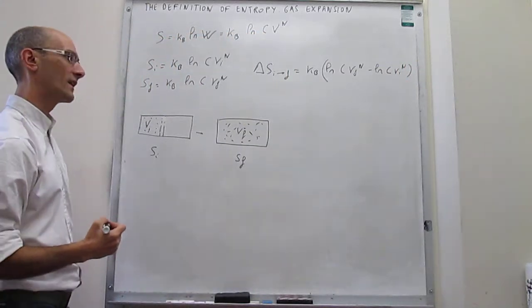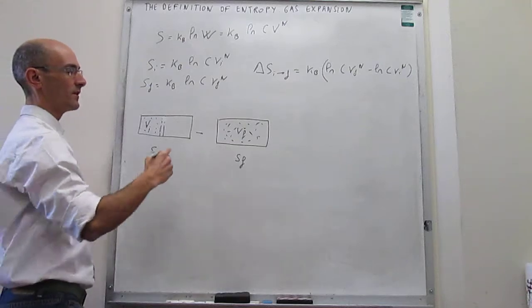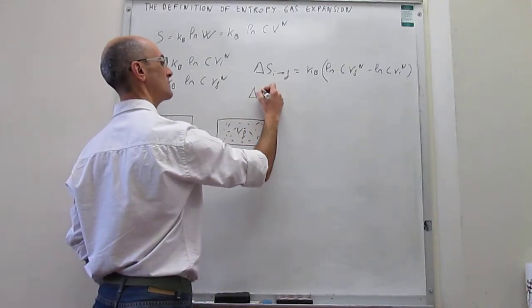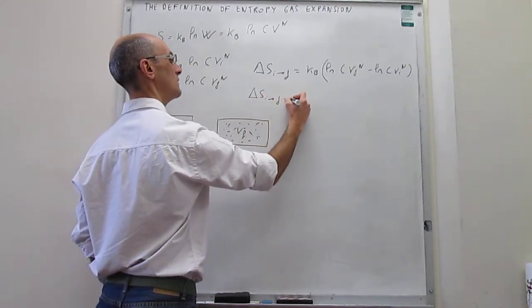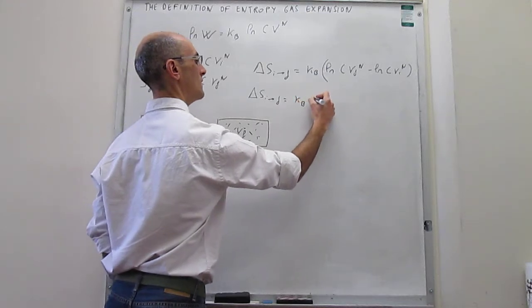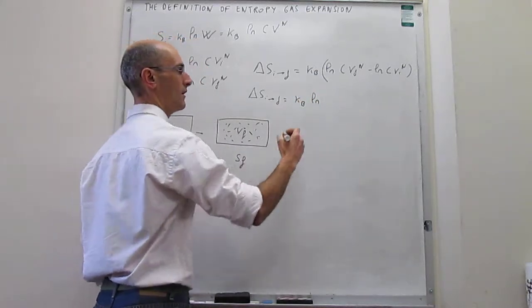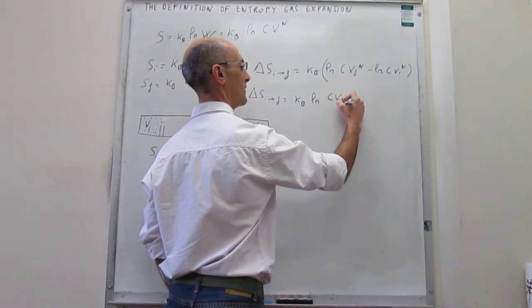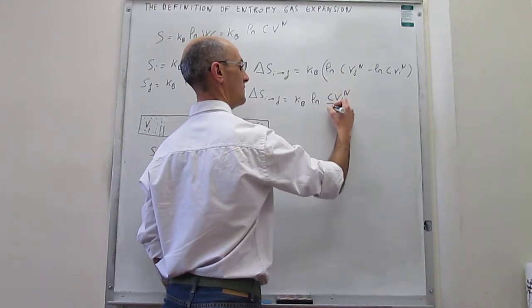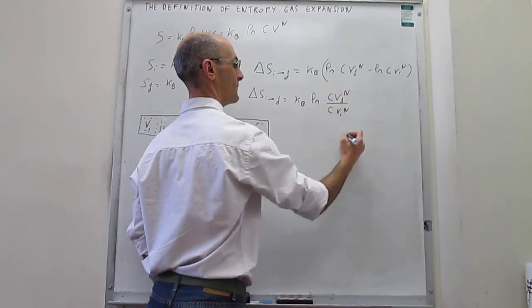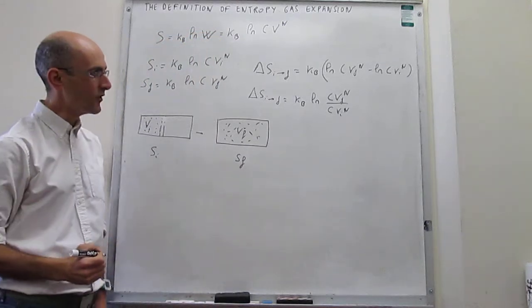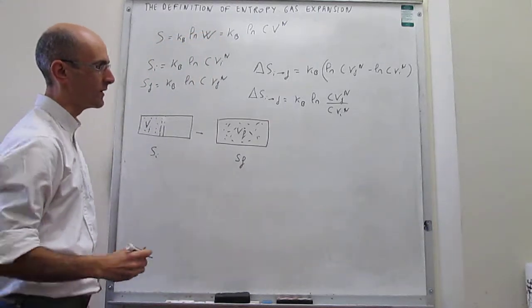Okay? I can apply now the properties of the logarithms to find that this is going to be equal to k sub B, then the ratio of C V_F to the n over C V_I to the n, which is going to give me a very nice compact expression right here.